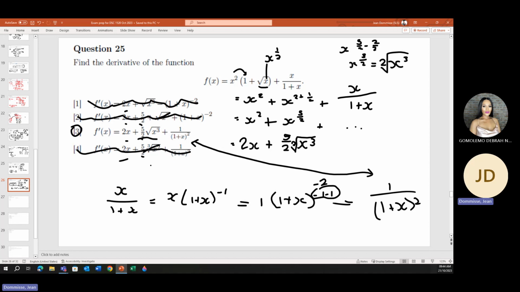Okay, so again, let your answers that are in the paper nearly guide you, because this option would have been fine, because this answer could have been written just as that, because we know there's a 1 in front, which we don't need to show.